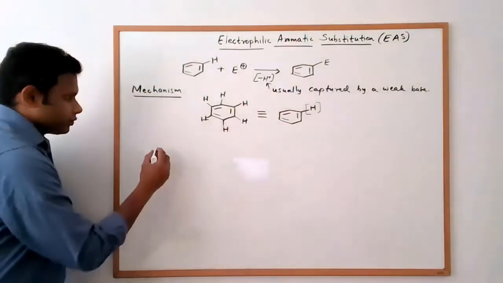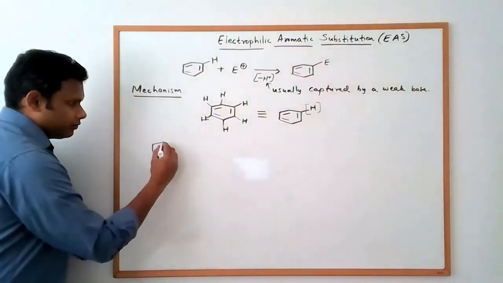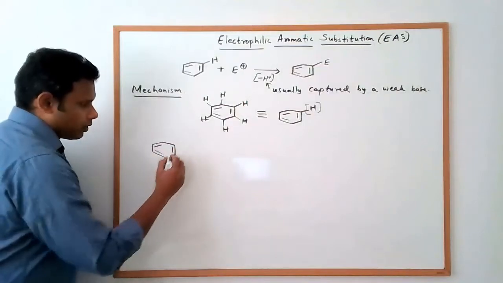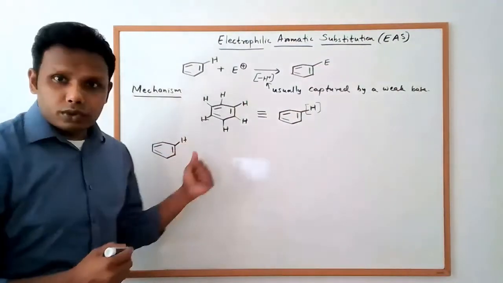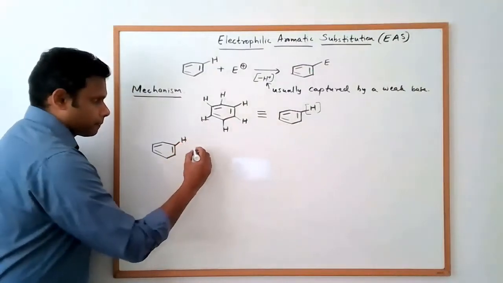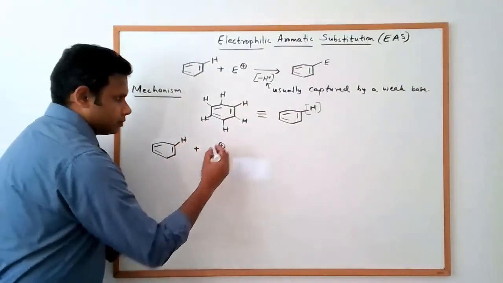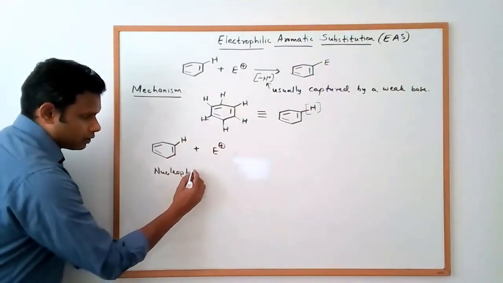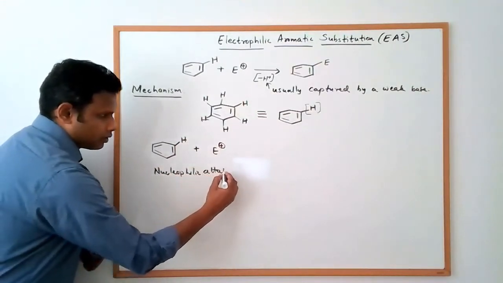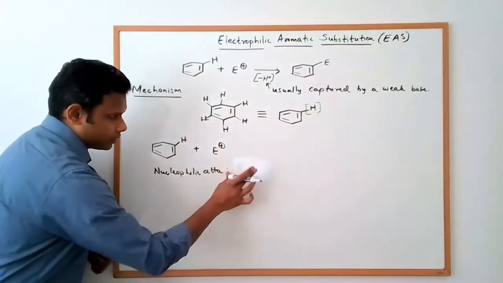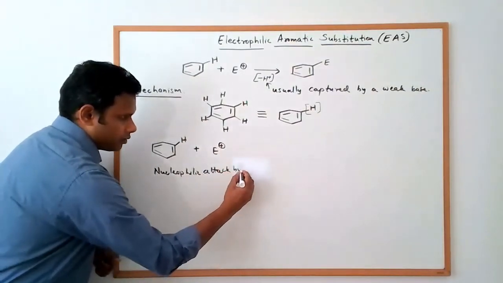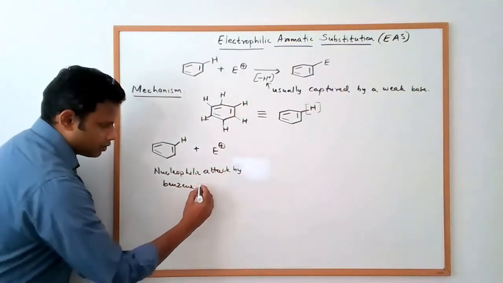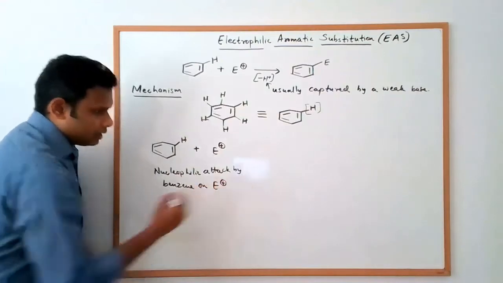Okay. So as far as the mechanism is concerned, the first step involves a nucleophilic attack by benzene on the electrophile.